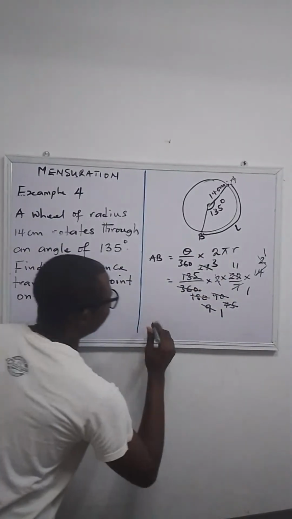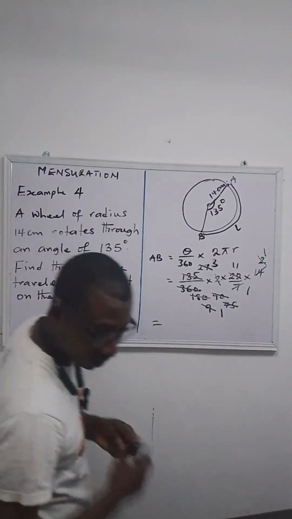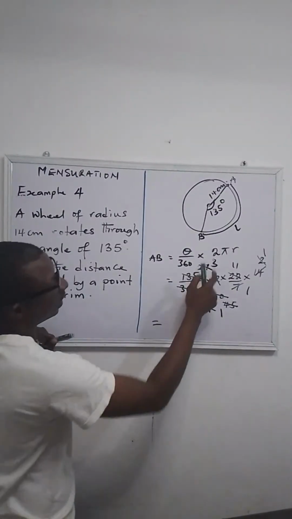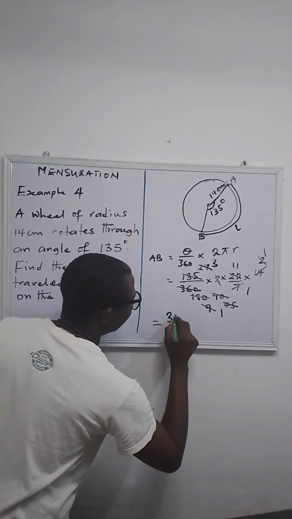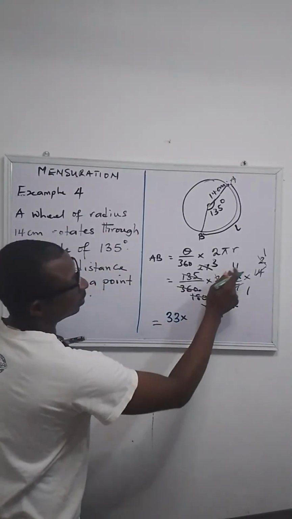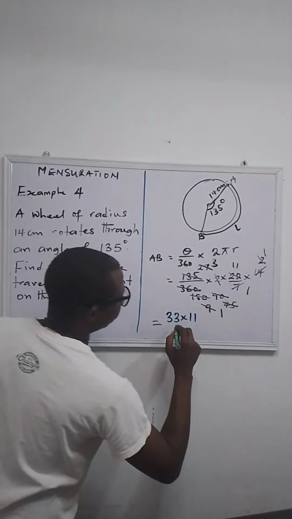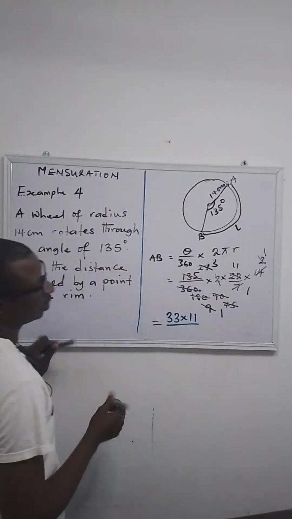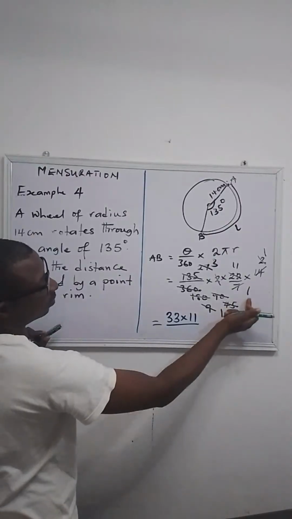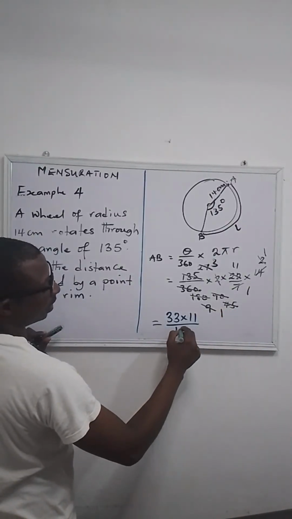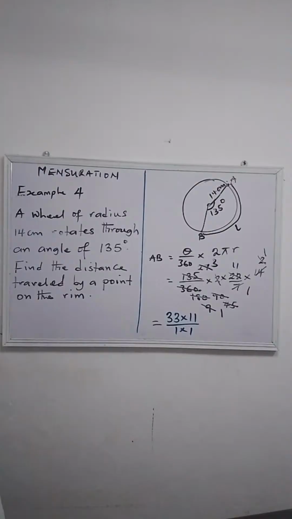So now our answer will be 3 times 11 times 1, all over 1, because we have already exhausted everything. So 1 times 1, that's all.